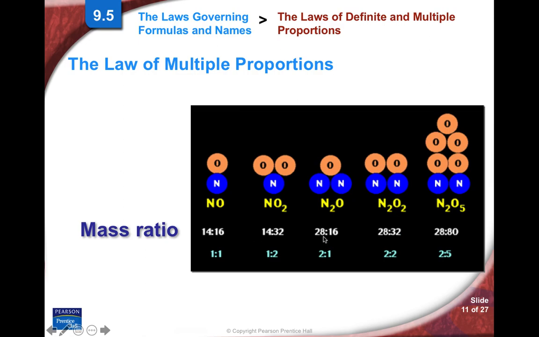And you look across the pattern, you see multiples of nitrogen. 14 times 2, of course, is 28. And then look at this one on the end, crazy, crazy. 2 14s and 5 16s would get you that 2 to 5 atomic ratio of this compound.